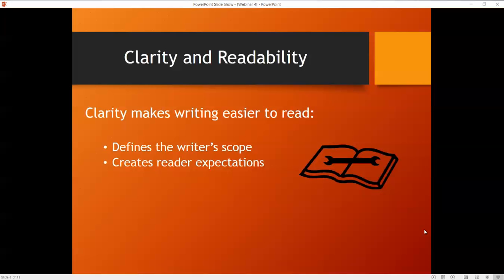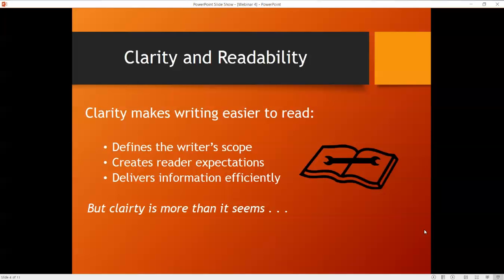It creates reader expectations. In terms of methodology, when you have a clearly described methodology, it allows your reader to understand whether A, your methodology is sound, and B, whether it's probably replicable. And there's a huge problem, as I said before, with replicability in some fields. It delivers information efficiently.